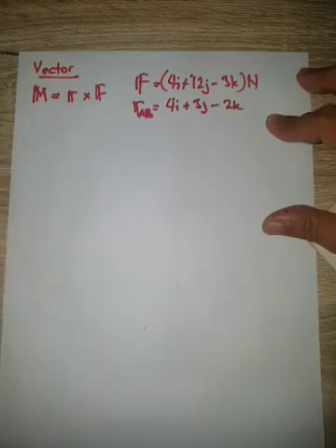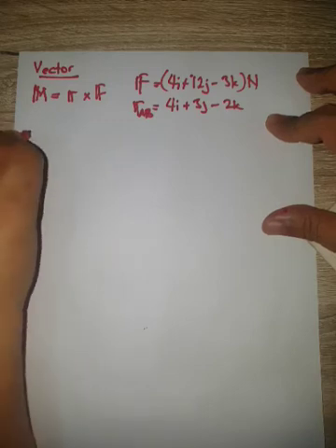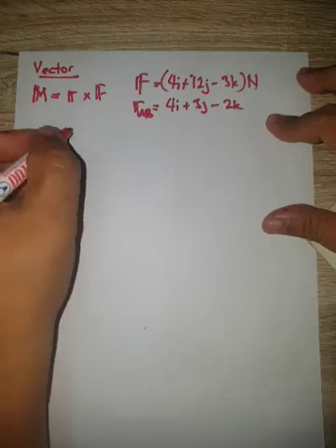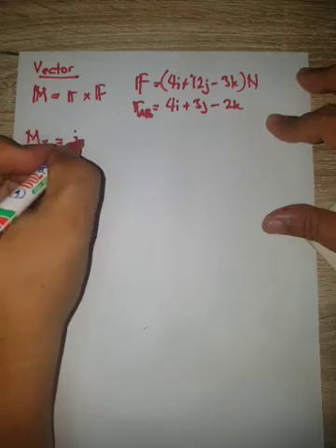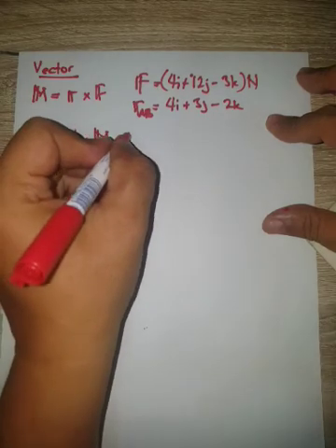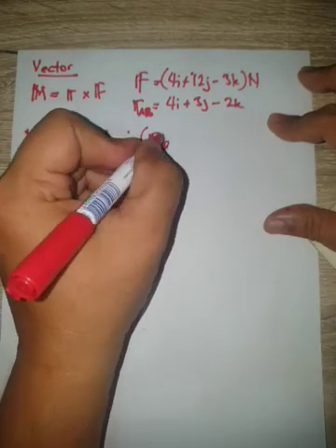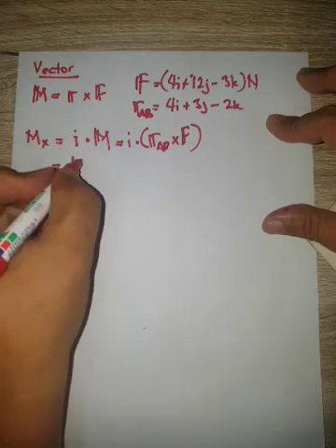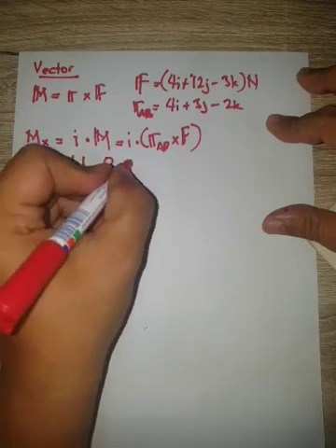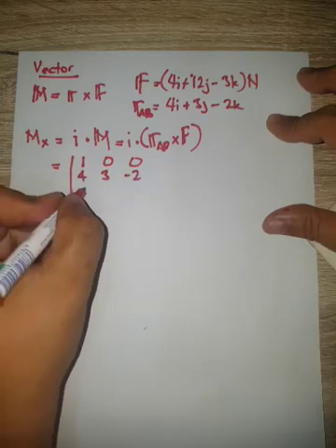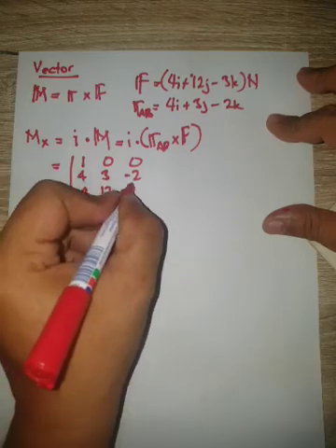Next, we must understand that to determine the moment in the x-axis, it is the unit vector of the x-axis, which is i, dot product with the moment, or i dot product with R_AB cross product F. So we get a determinant with i element 1, and j and k elements 0, and then we replace the R value 4, 3, minus 2, and the F value 4, 12, and minus 3.